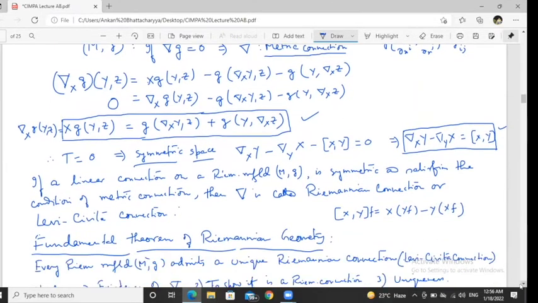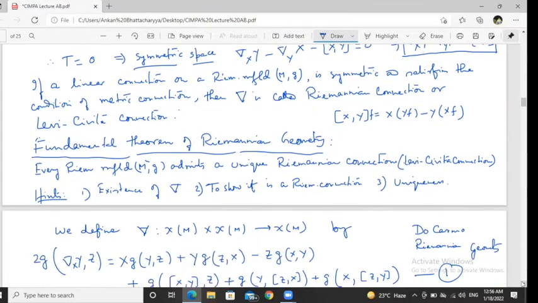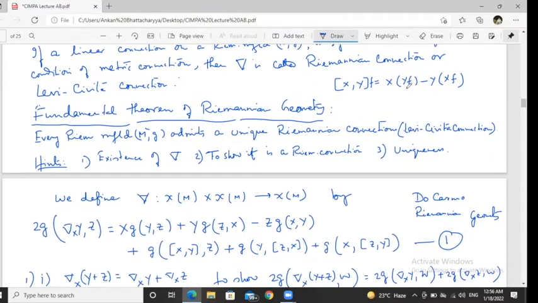So if a linear connection on a Riemannian manifold is symmetric and satisfies the condition of a metric connection, then del is called the Riemannian connection or Levi-Civita connection. Levi-Civita was a student of Riemann, the German mathematician. And the Lie bracket of X, Y on f is XYf minus YXf. I'm coming back to it afterwards.